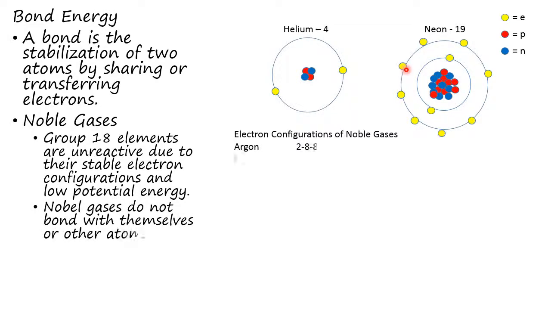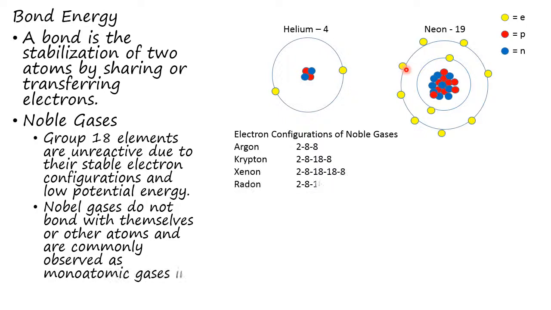If we analyze the electron configurations of all noble gases, we'll see that this outer energy level is always filled. Argon has 8 valence electrons, krypton has 8, xenon has 8, and radon has 8.